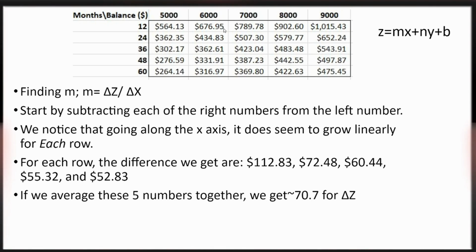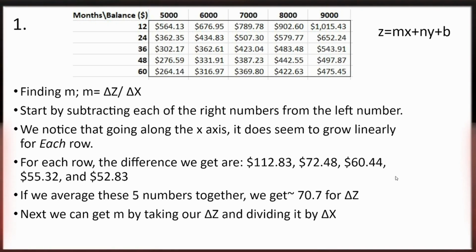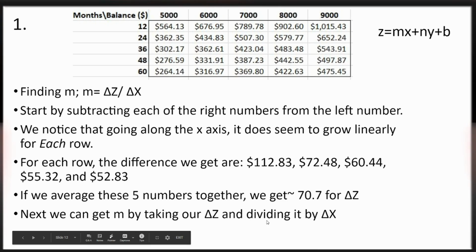So all these numbers represent our z values, and that average for our change in the x direction, from here to here, or here to here, is going to be 70.7. Next, we can get m by taking our change in z and dividing it by our change in x.